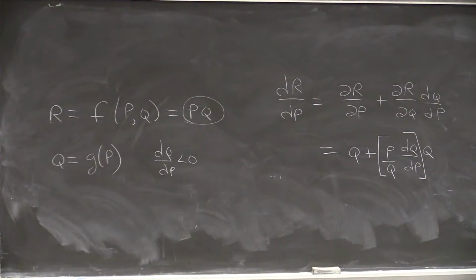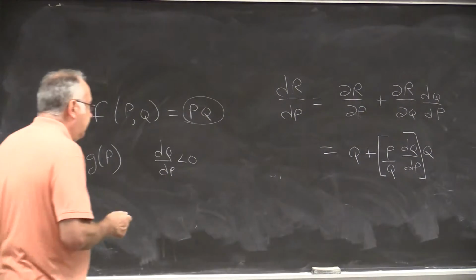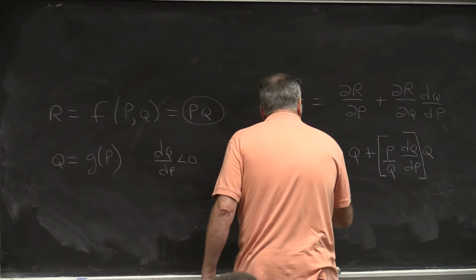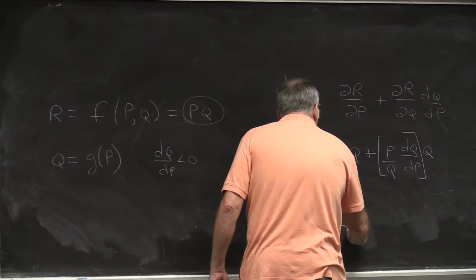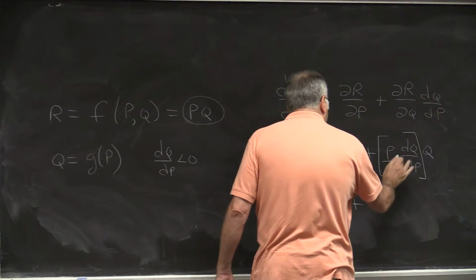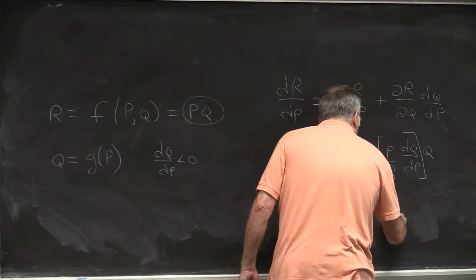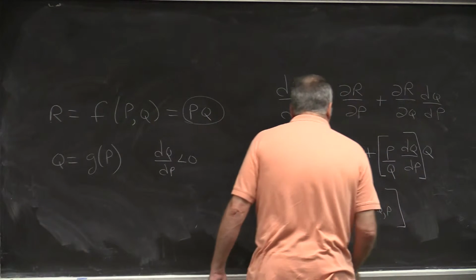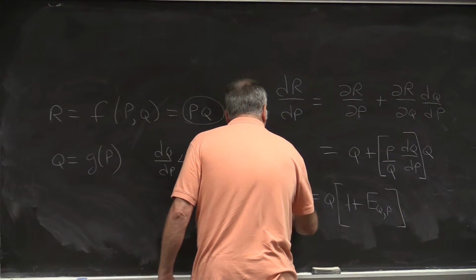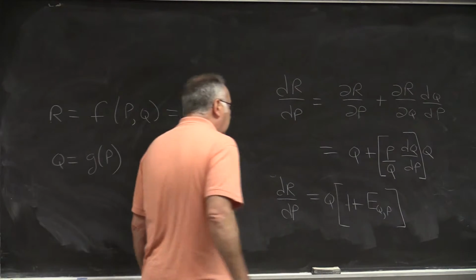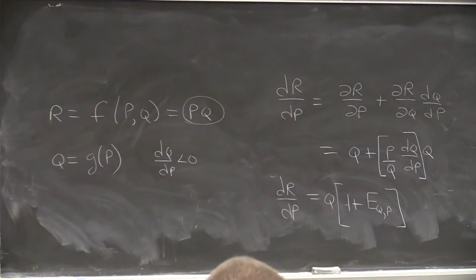What is dQ/dP times P over Q? Elasticity, price elasticity. Yeah, it's the price elasticity of demand. So I could rewrite this expression, dR/dP, as Q, factor out the Q, times 1 plus the price elasticity of demand. So dR/dP is equal to Q times 1 plus the price elasticity of demand.